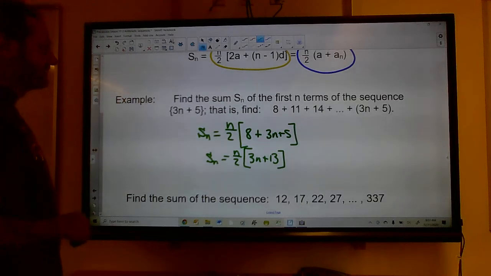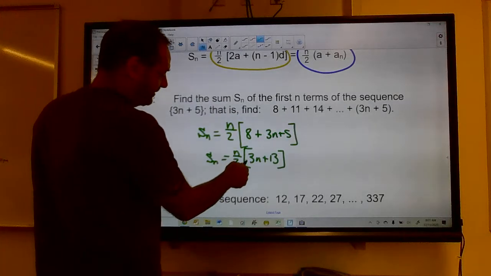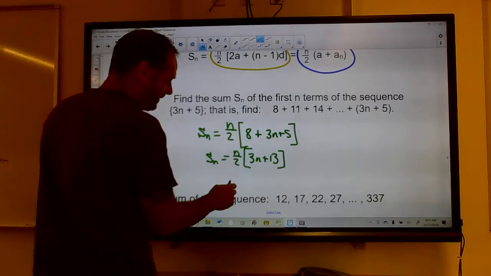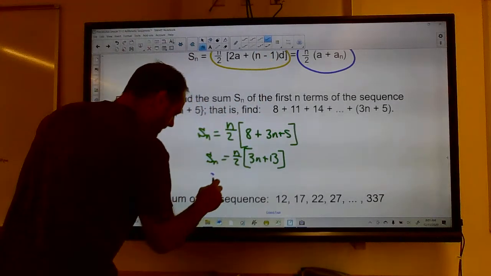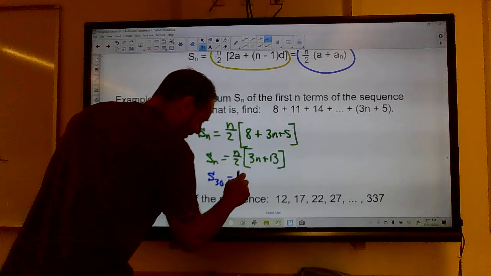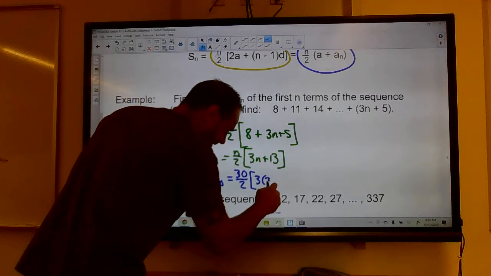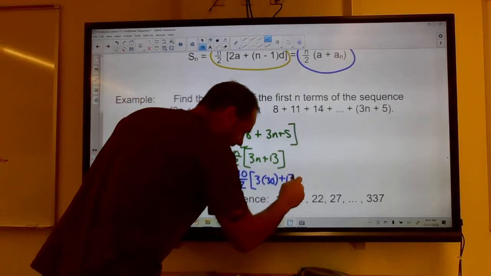So if I wanted to find the sum of the first 30 terms, I just put 30 in here, and I get 15 times 90. Here, let's figure it out. S sub 30 would be 30 divided by 2 times 3 times 30 plus 13.